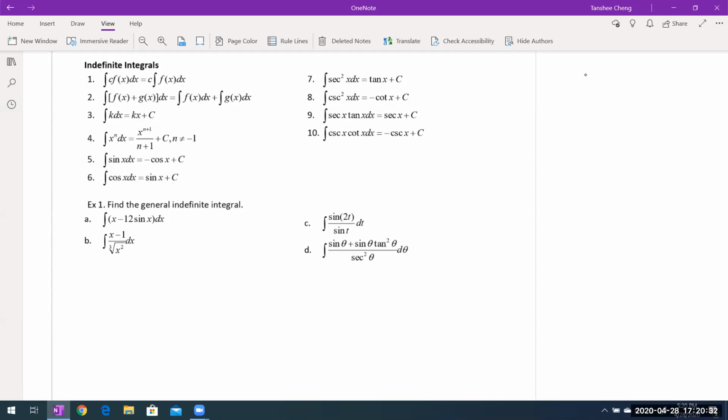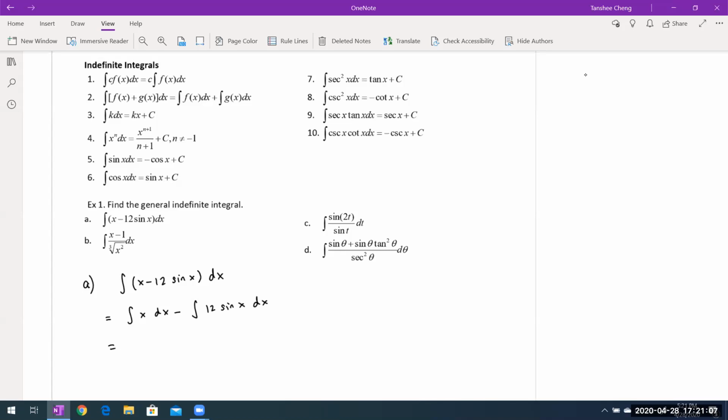For example A, if we are integrating the function x minus 12 sine x dx, using property number 2, I can say that it is the integral of x dx minus the integral of 12 sine x dx.